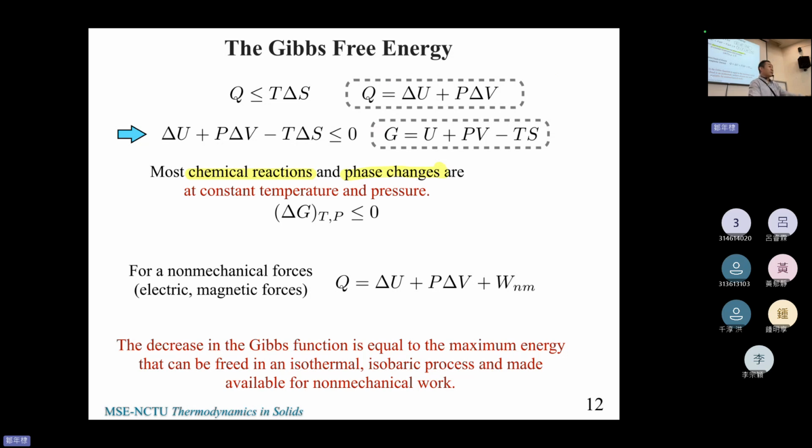And we perform them at constant temperature and pressure, right? So again, let's take a look. Delta G is less than or equal to 0 at constant temperature and pressure.